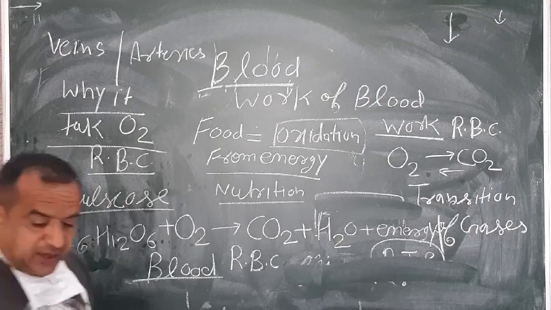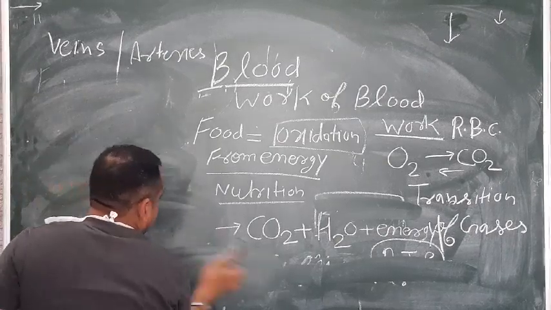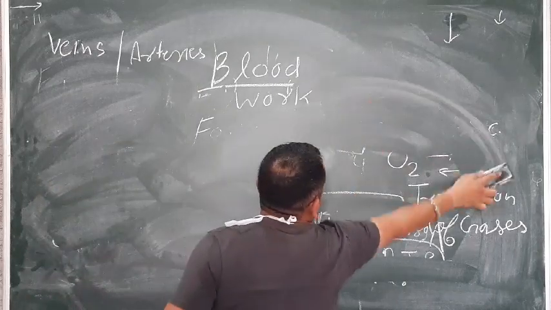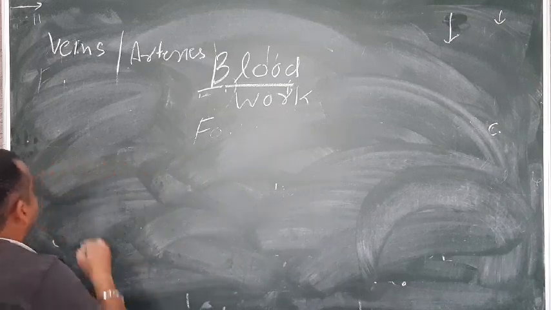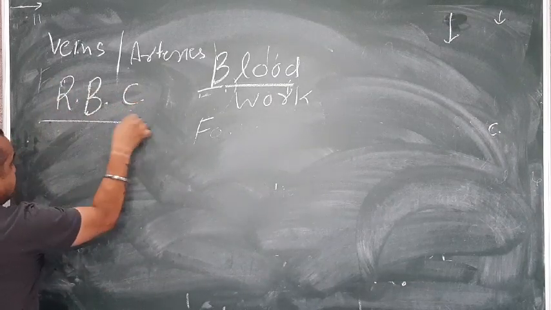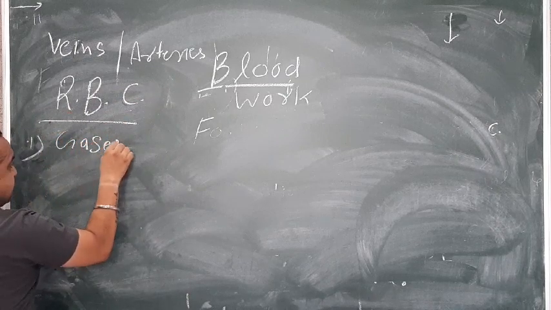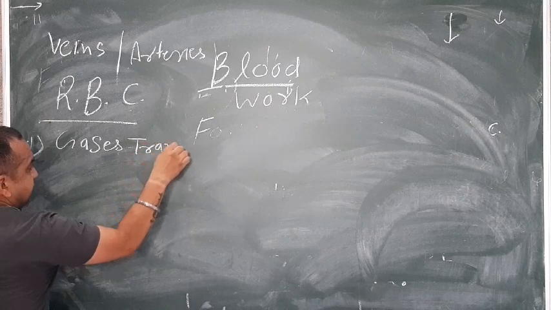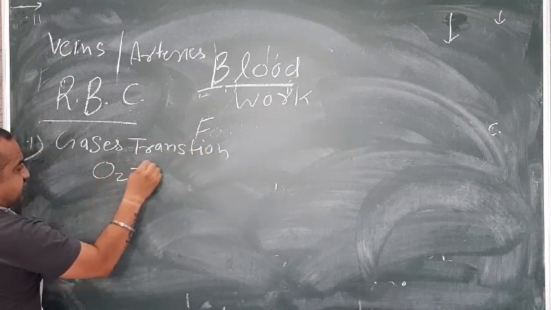So let us go over RBC work again in short form. First, gases transition: O2 and CO2.